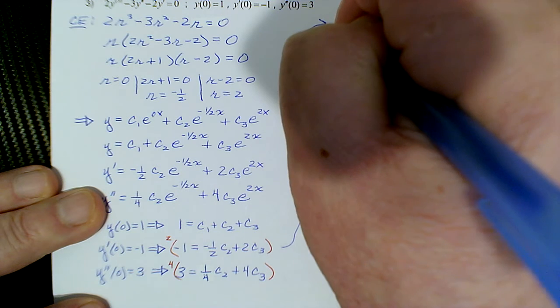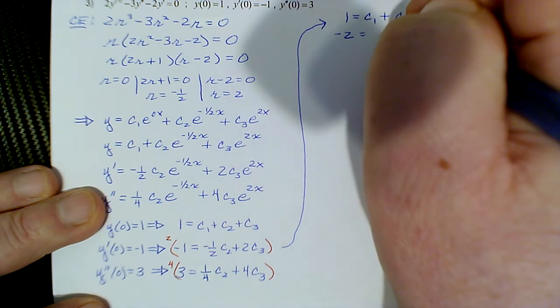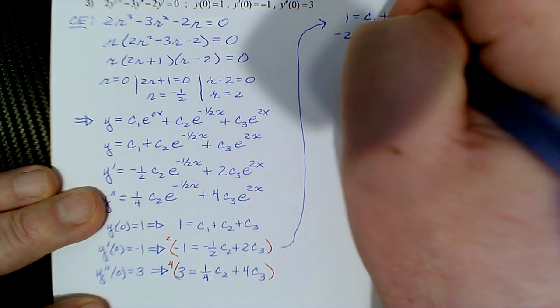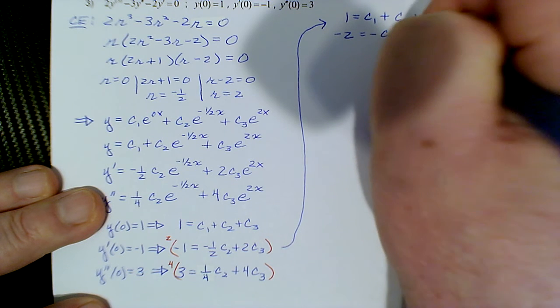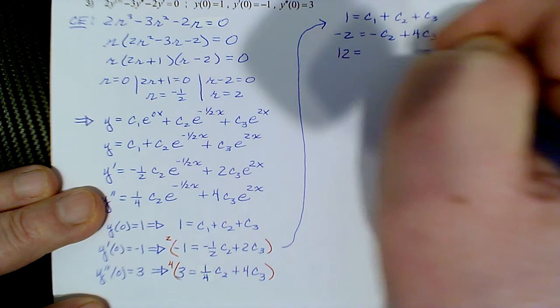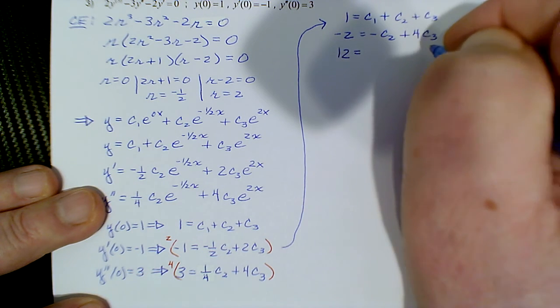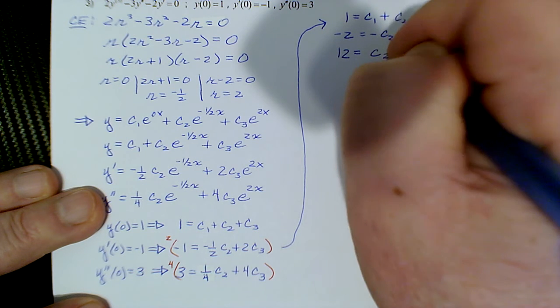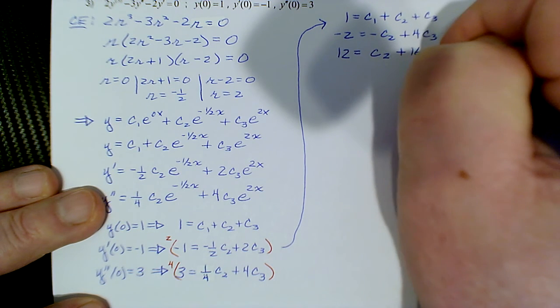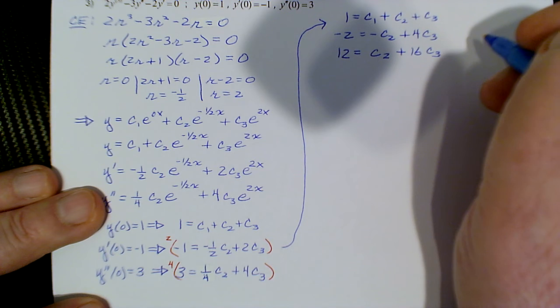Multiplying a 2 by the second equation, we get negative 2 equals negative c2 plus 4c3. And multiplying a 4 by the third equation, we get 12 equals c2 plus 16c3.